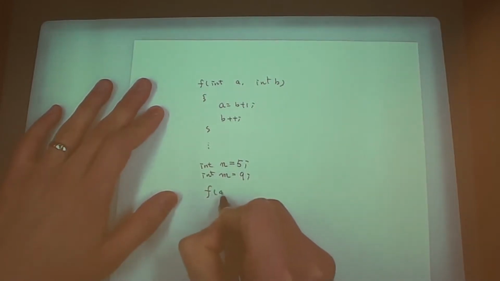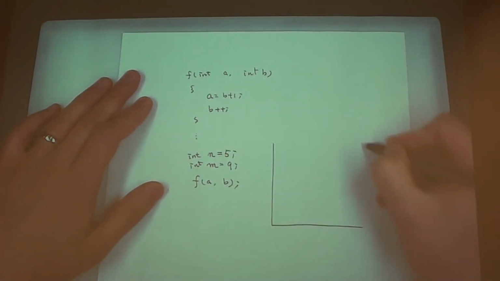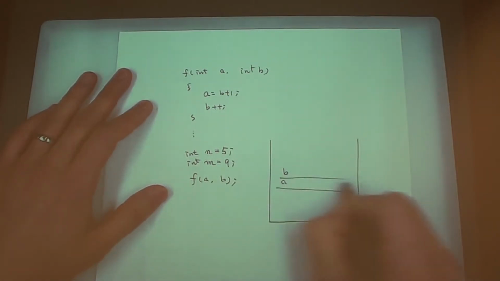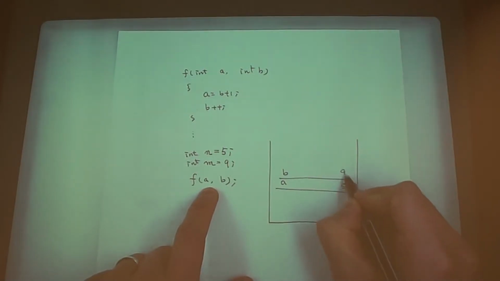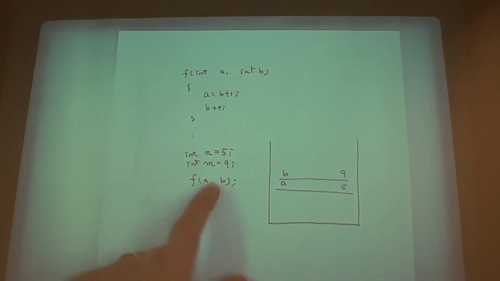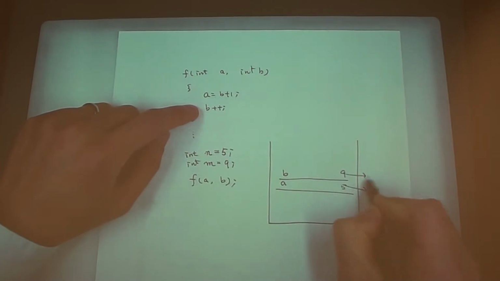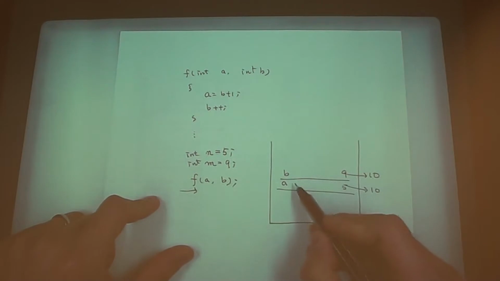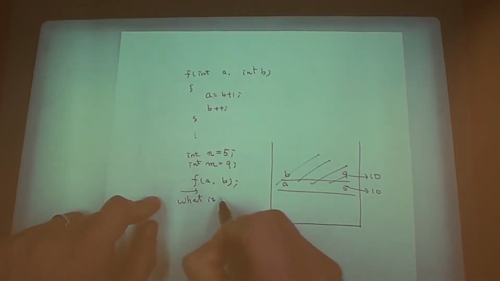I call a function with A and B. In the call stack, we'll have A and B as the arguments. When we call, A will be 5, B will be 9. Inside the function, I say A equals B plus 1, so this will become 10. And B plus plus, this will also become 10. As the function returns, this frame is popped. So what is n's variable?